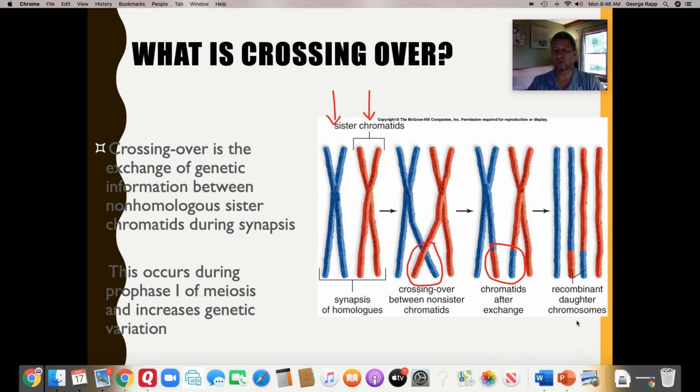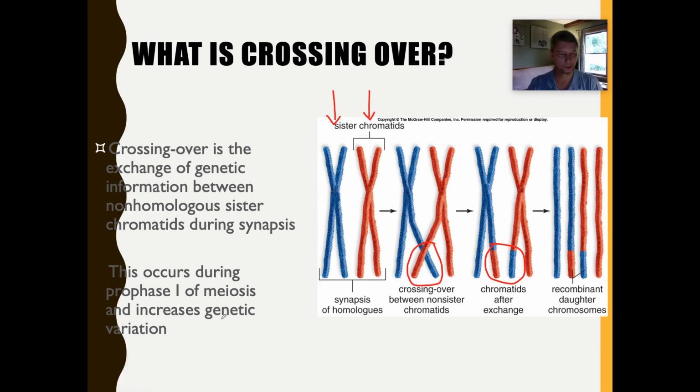All right. So in this case, we have 2 parental chromosomes. This one is dad's original chromosome number 6. This is mom's original chromosome number 6. But these 2 here, the recombinant daughter chromosomes, are no longer purely dad's or purely mom's.